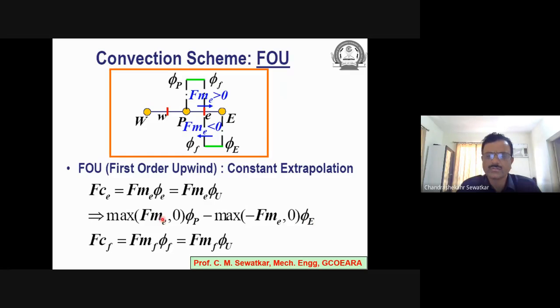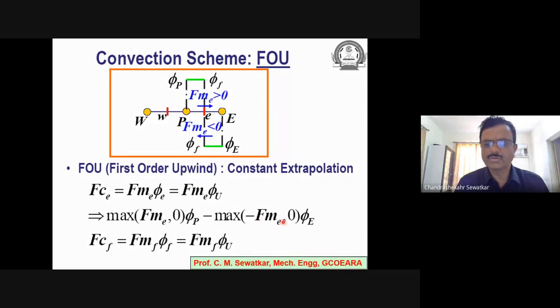Now look, when my flow is in positive x direction, which one will be maximum among these two? F_me will be maximum among the two. And here 0 will be maximum. So because 0 is maximum, this term will be automatically omitted and phi_P will be retained. When my flow is occurring in negative x direction, between F_me and 0, 0 will be maximum, and this term will be omitted.